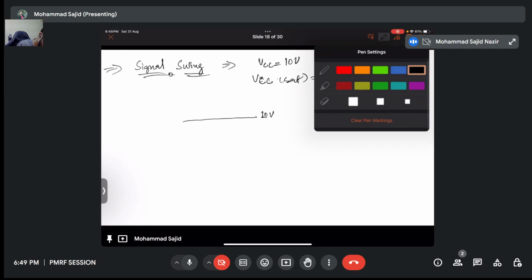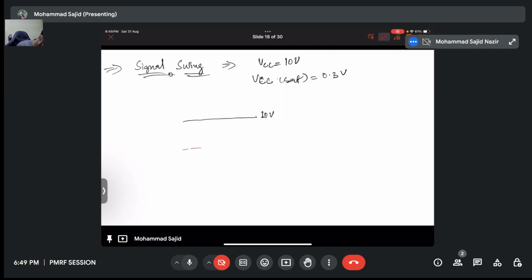And I have this is ground, this is 0, and on top of it, we have a VC potential of 1 volt.